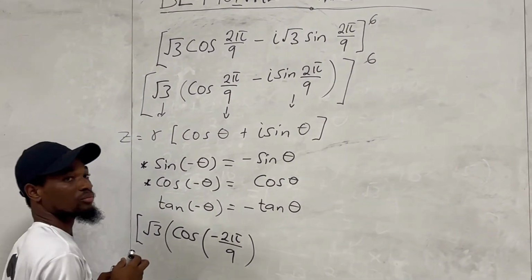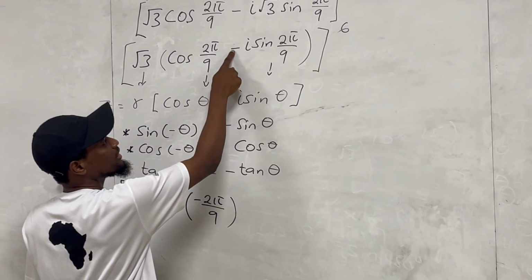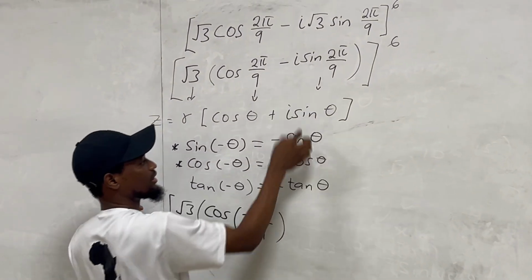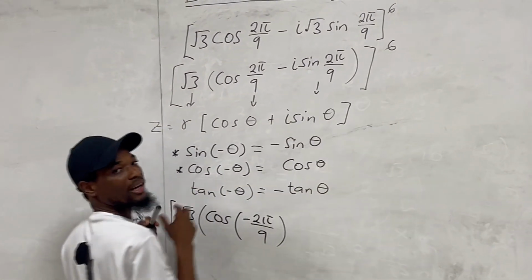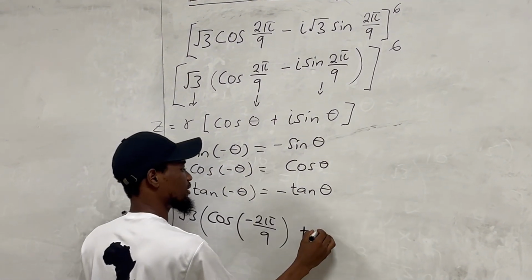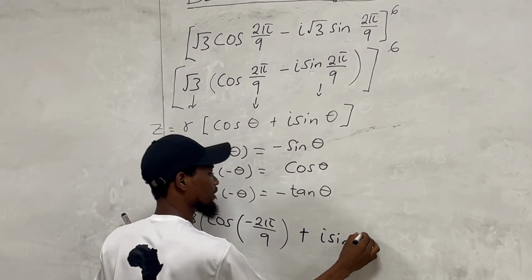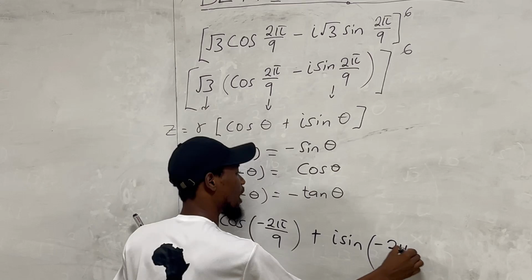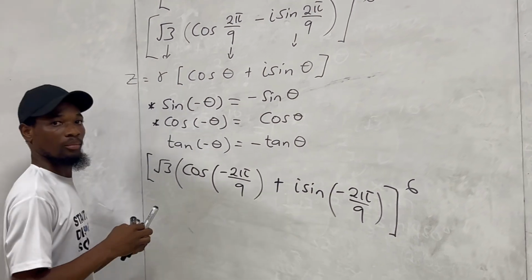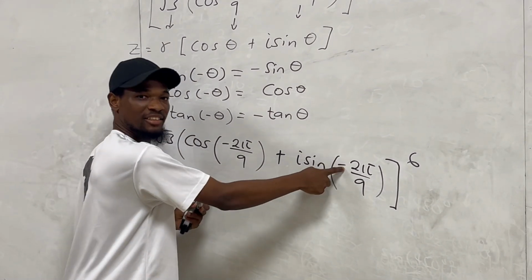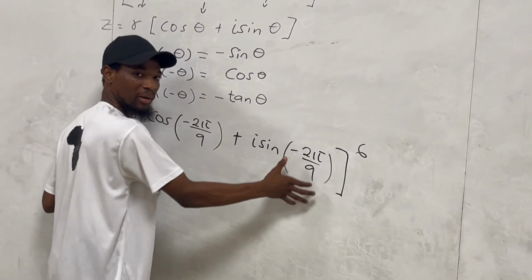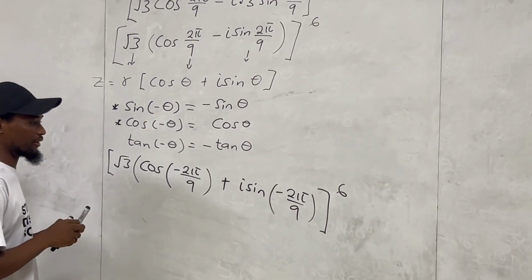So for this, this simply means negative i sine of 2 pi over 9. I can decide to do it this way: I have positive i sine of negative 2 pi over 9. Because positive times negative gives what? Negative. But I decided to push the negative to the angle side, the argument side. It's just the same thing.